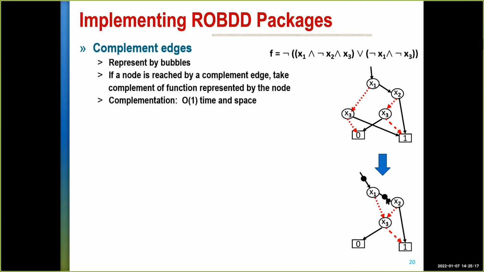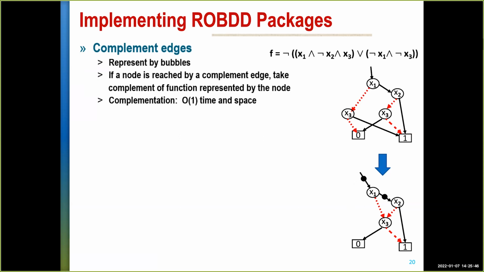But here this means if x1 is true, then take the negation of the function represented at x2. And then whatever is above, that is going to take the negation of the function represented by x1, and so on. So for example, the same function that is represented by this, if you are using complement edges, you can represent it much more compactly. And of course, here complementing is really order 1 time and space, right? You want to complement a function, just put a bubble on the incoming edge.